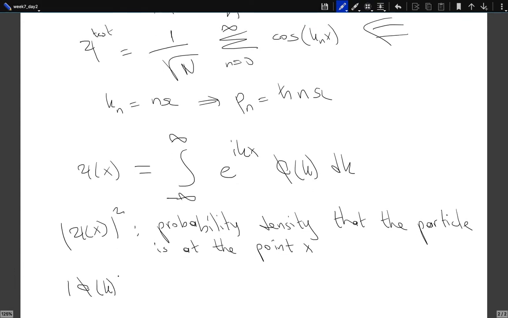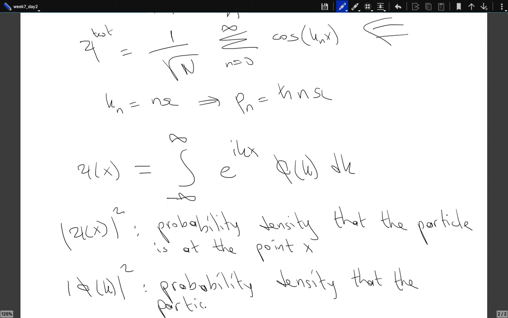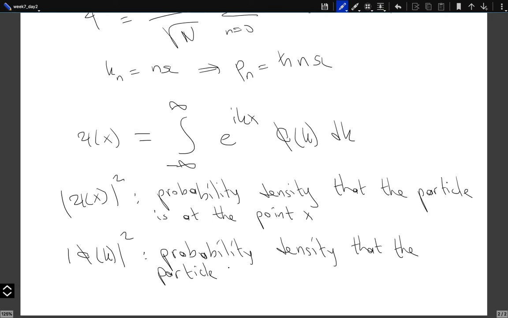Now this other one, phi of k, we call it the probability density that the particle has wave vector k, or if you like, it's just nothing but the momentum, the wave vector k, or if you like, the momentum h bar k.